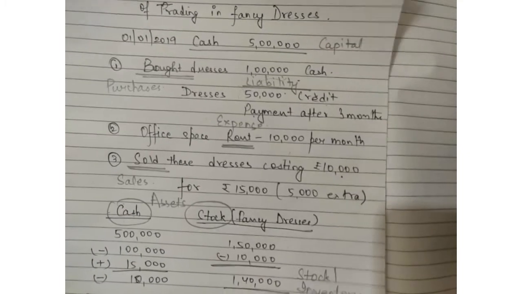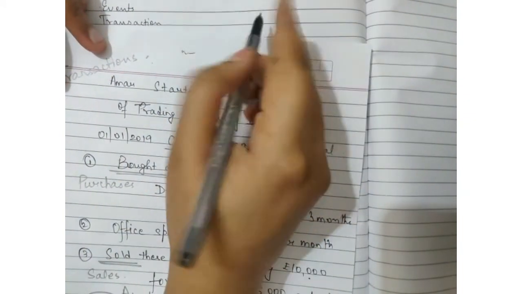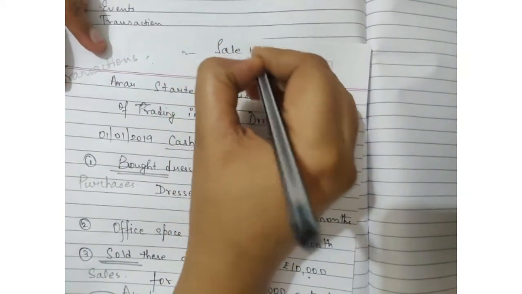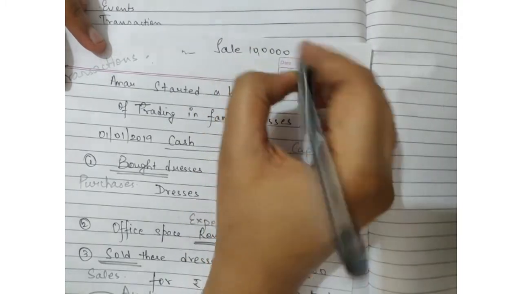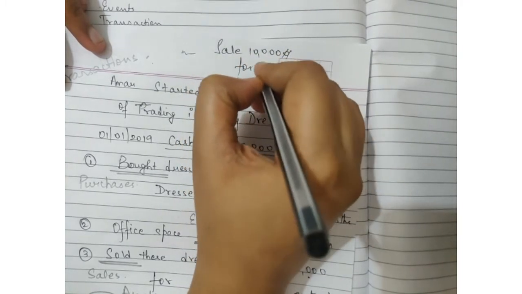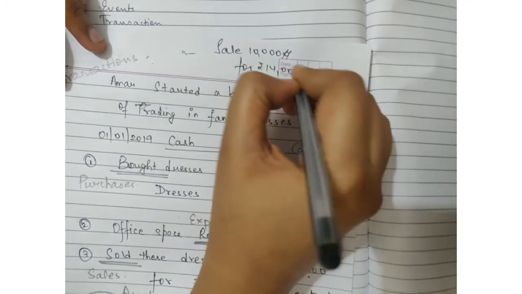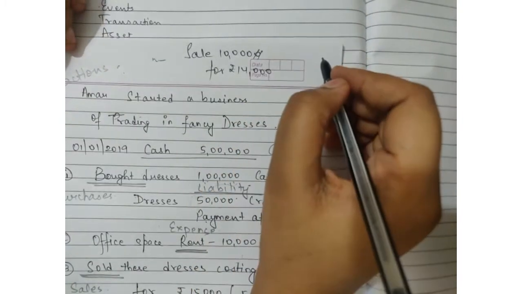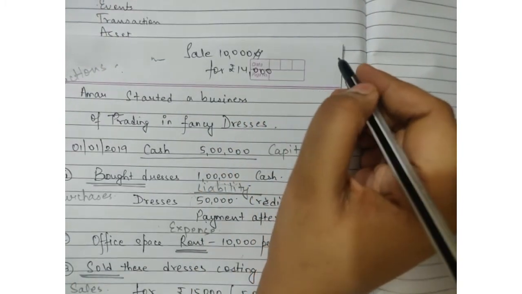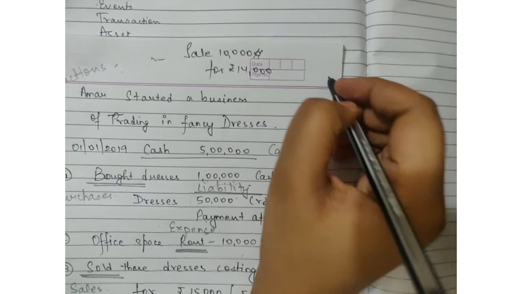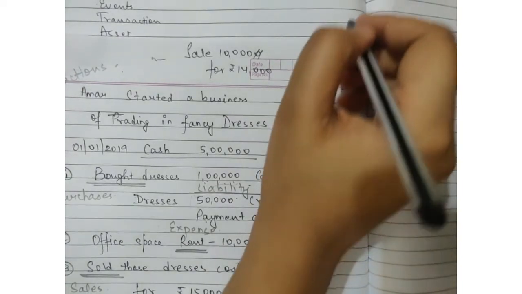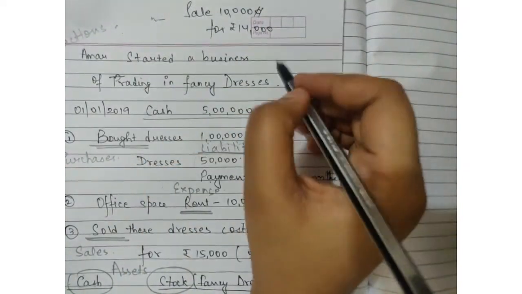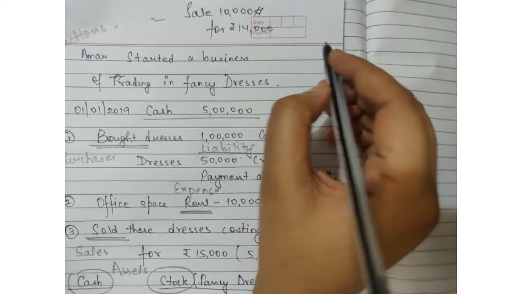Now suppose he makes a further sale of 10,000 rupees for rupees 14,000. The person to whom he makes the sale says that he does not have enough money at the moment and shall repay him, say, after 2 months.